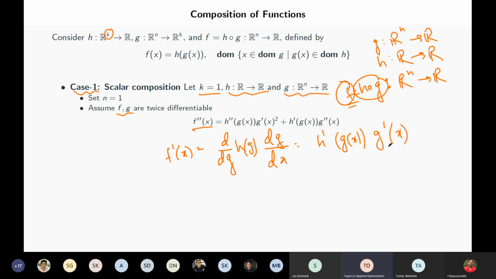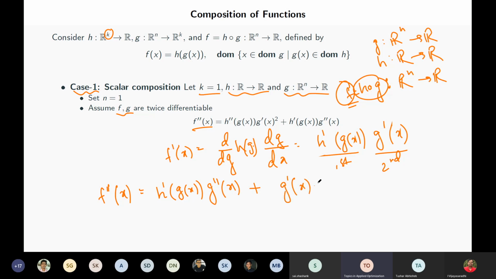In short form, we write this as h prime of g of x and then g prime of x. And then if we do the double derivative, we have the product rule as well as the chain rule. Let us say this is the first function and this is the second function. The first function into the derivative of the second, plus the second function into the derivative of the first.